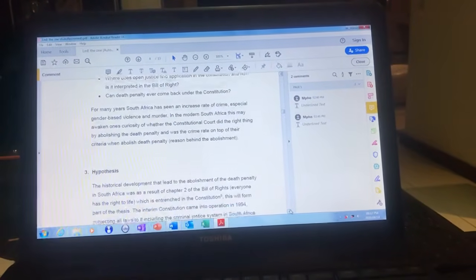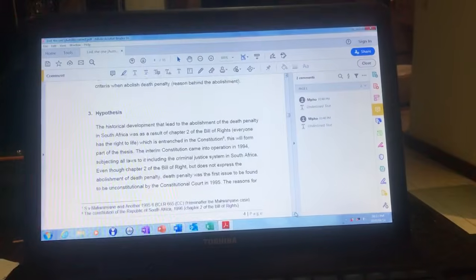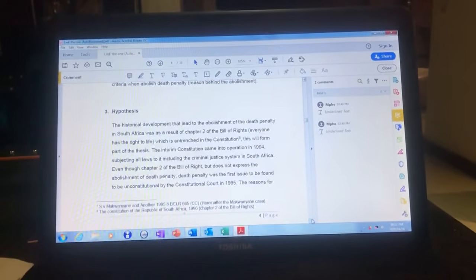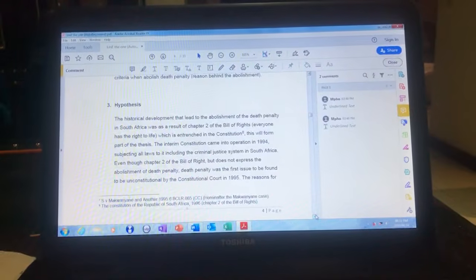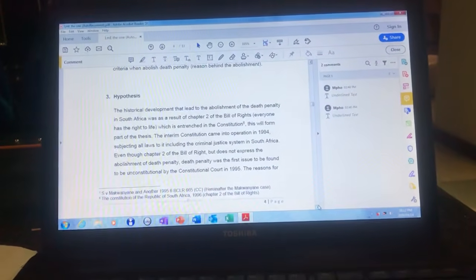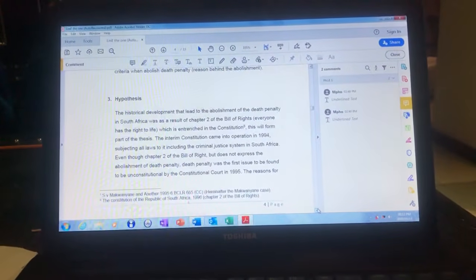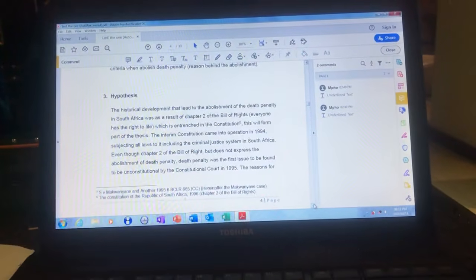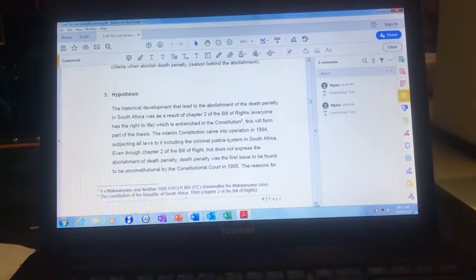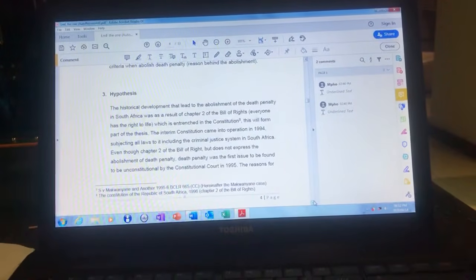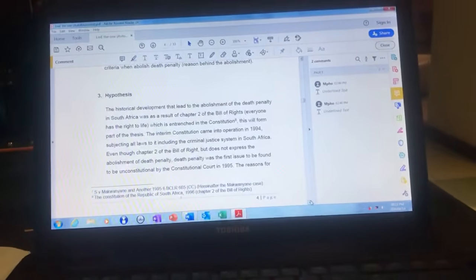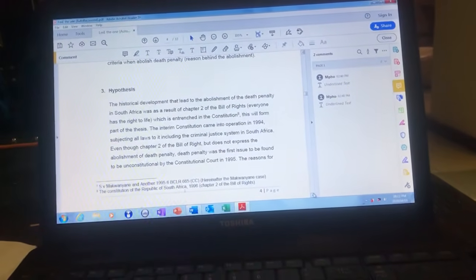Now, my next topic will be my hypothesis. People basically want to confuse themselves when it comes to a hypothesis, and a hypothesis is as simple as it can get. It is a scientific assumption. You're guessing the answers to what you asked in your problem statement. It is a scientific assumption of the outcome of your investigation without investigating it.